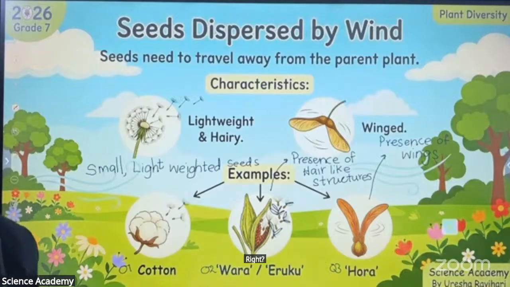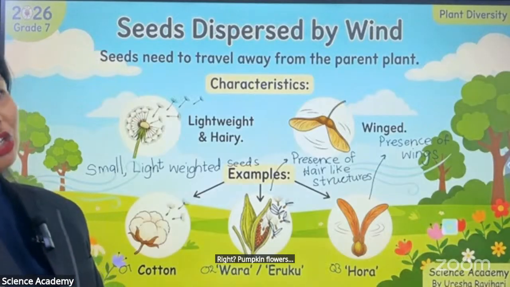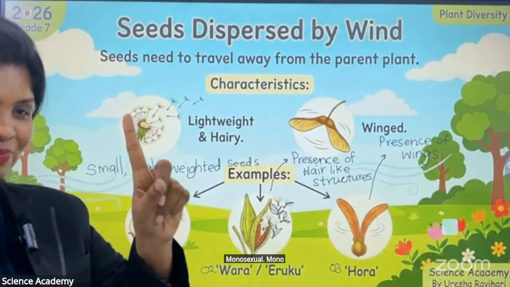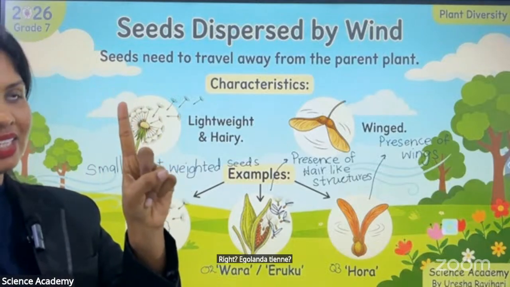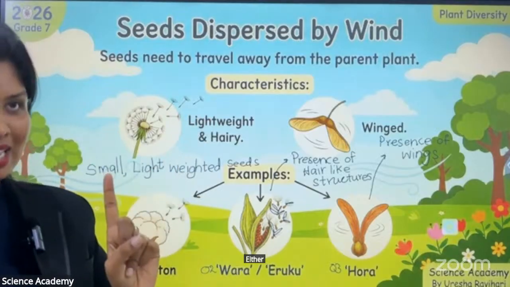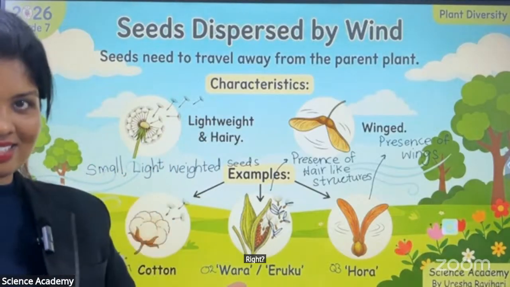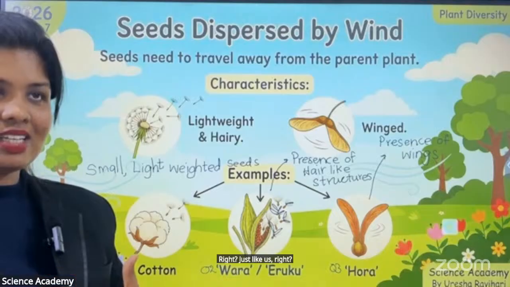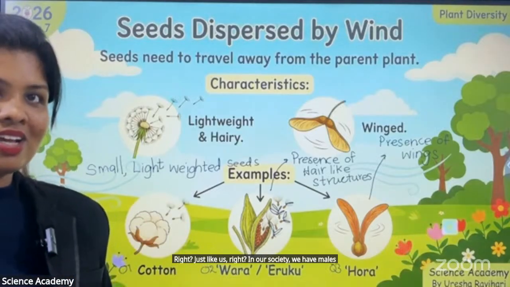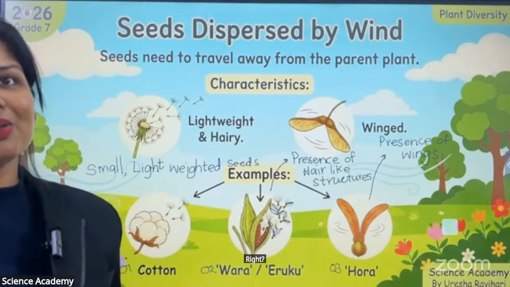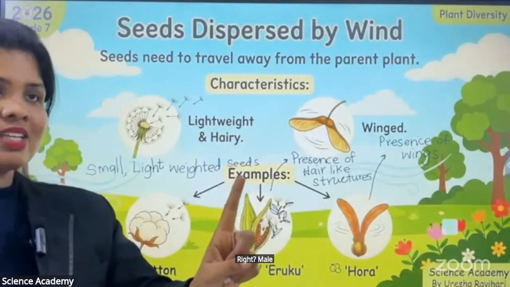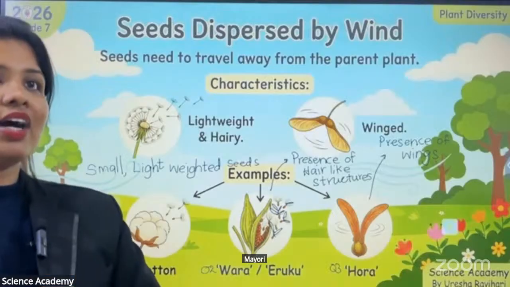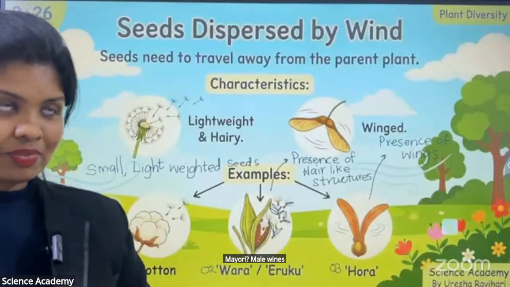Pumpkin flowers are monosexual. Mono means one, right? They have only one structure. Either male or female, right? Just like us, right? In our society, we have males and females, no? Just like pumpkin also like that, right? Male flowers bearing male vines with androecium.